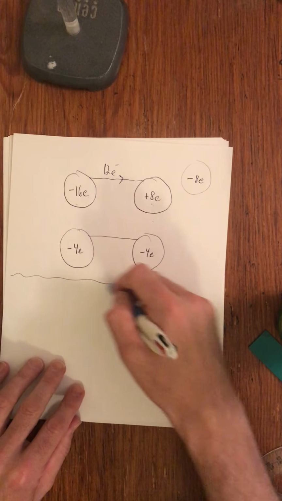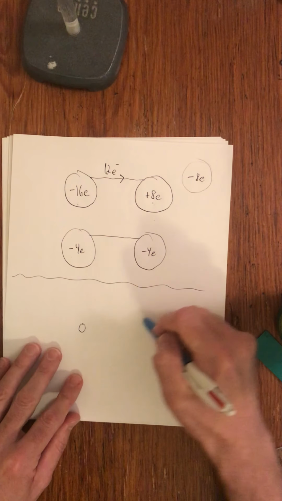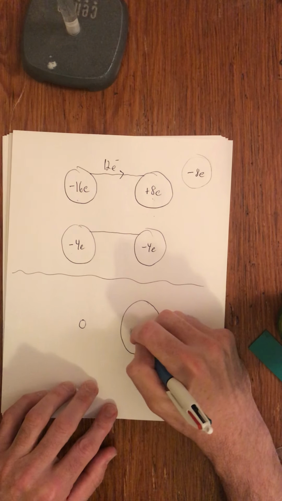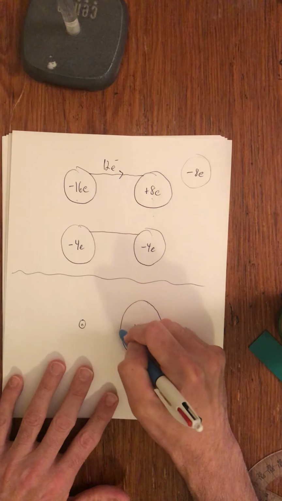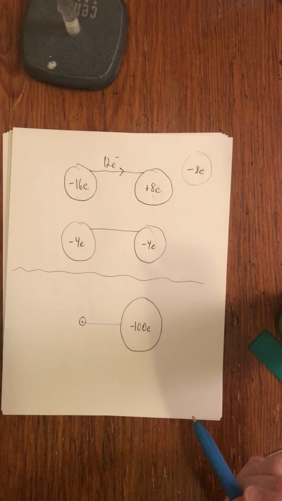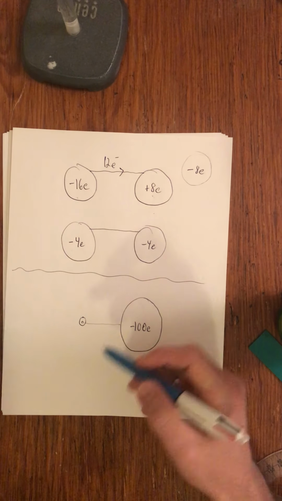Now, one last thing, we're not really gonna talk about this, but if I had a little object and a big object, and let's say this thing had negative 100e, and this thing is neutral initially, and I connected them, they wouldn't both end up with negative 50e, because I'd want equal concentrations of electrons.